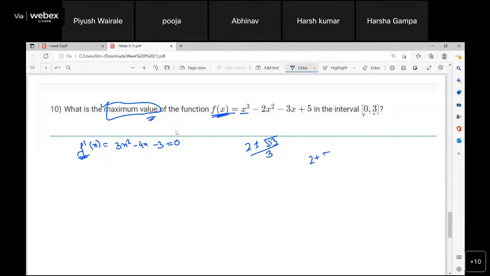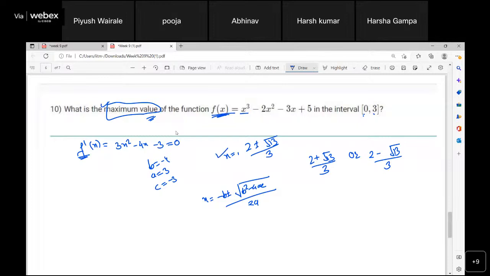So 2 plus under root 13 by 3 or 2 minus under root 13 by 3. Everyone knows how to find the root, right? We have that formula, x equals minus b plus minus root of b square minus 4ac upon twice a. So b is minus 4 here, a is 3 here, and c is minus 3. Now just put the values in this expression, you will be able to get this, right?